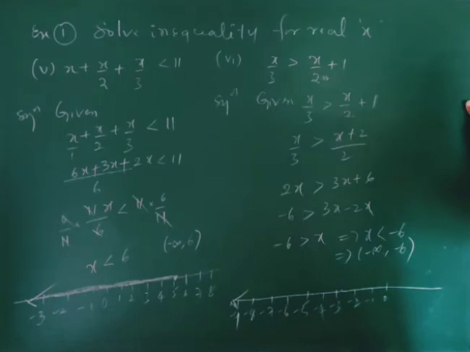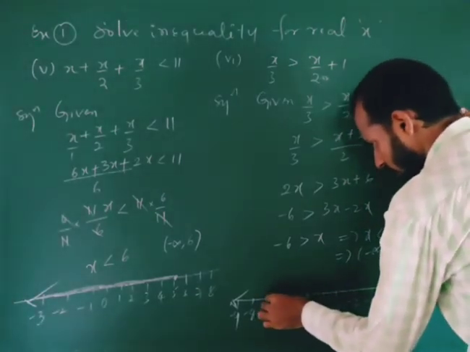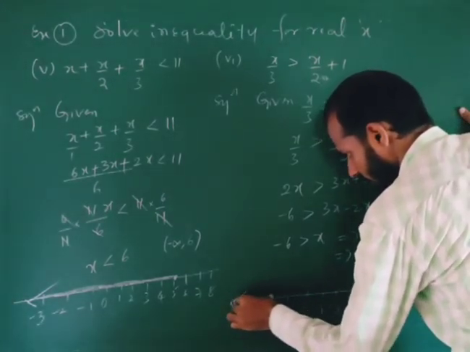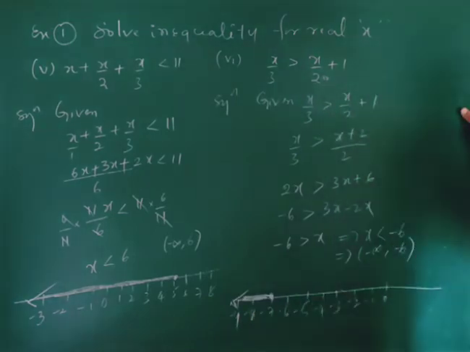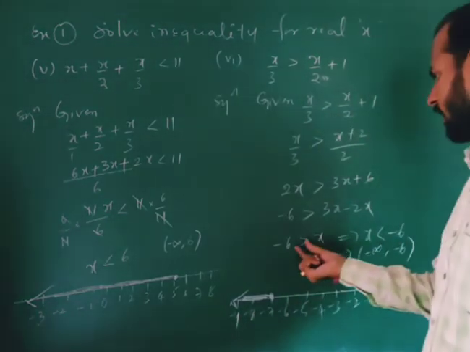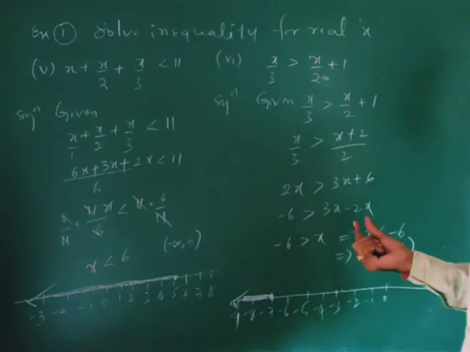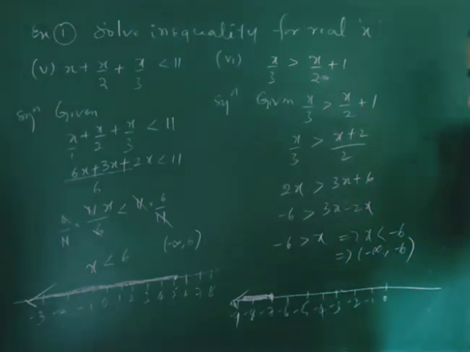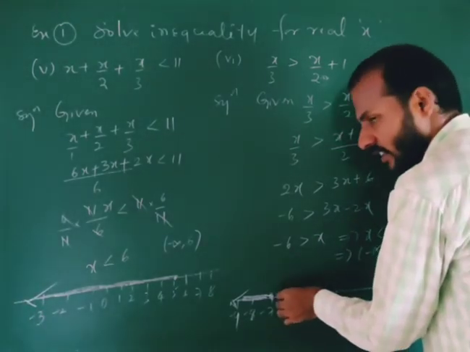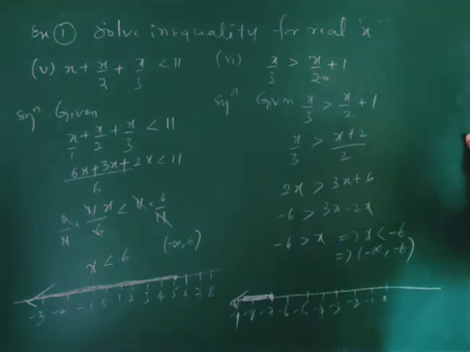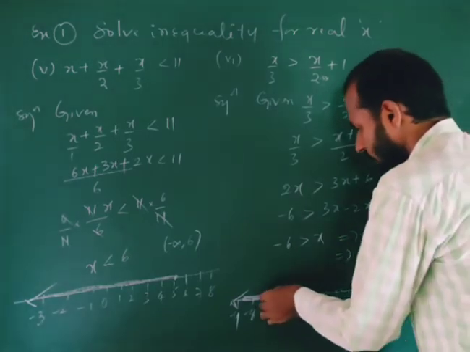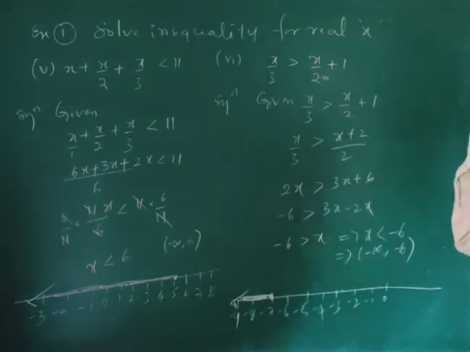So the values from minus 7 onwards are in this region, excluding the point minus 6, because x is less than minus 6 but not equal to minus 6. So we consider it from minus 7 onwards.